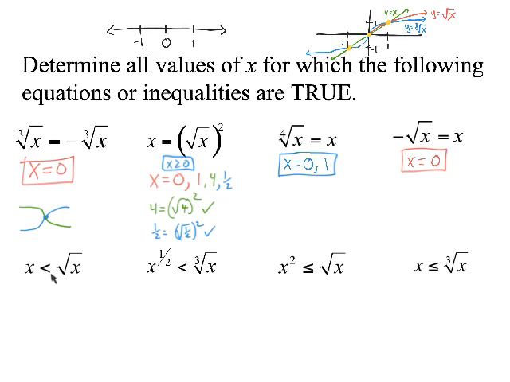But would 0 and 1 work? Is 0 less than 0? Is 1 less than 1? But for anything between 0 and 1, the green graph is smaller than the red graph. And yes, it is. So your answer will be values between 0 and 1.